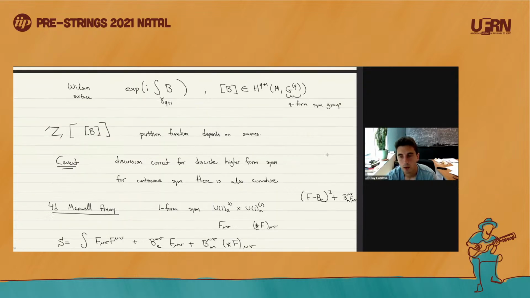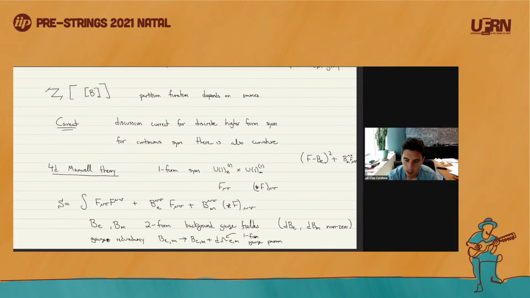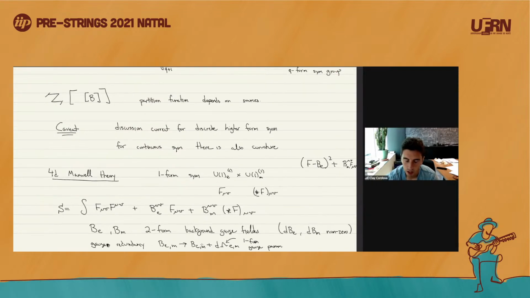The comment about the photon being the Goldstone boson. Well, one way to see it is that if you really want the invariance of the action, I have to write it in this kind of completing the square way, where I assign the gauge field A to shift under the lambda E gauge transformation.